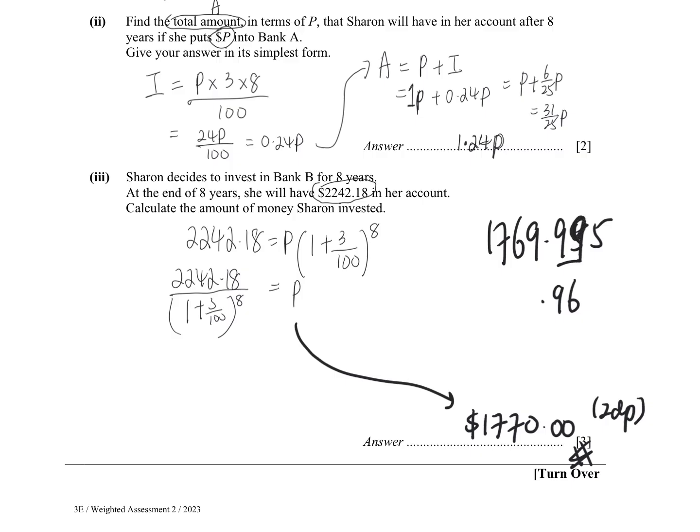You cannot drop the 00 because I will assume it's the exact answer. If you have rounded off to 2 dp, then you should give me the 0.00. Okay, next one.